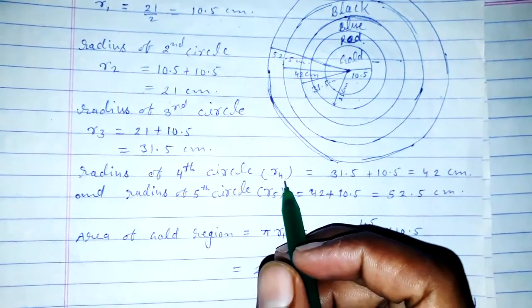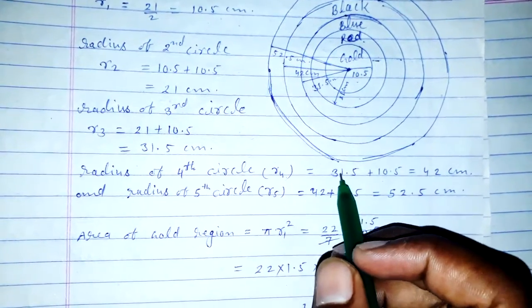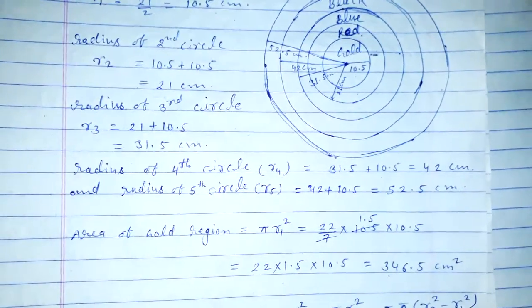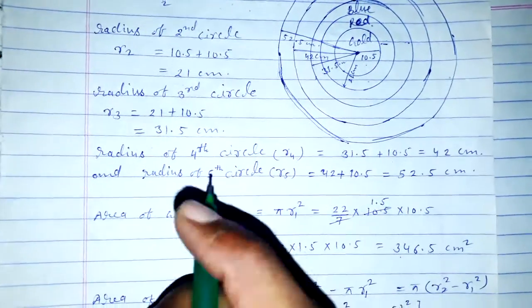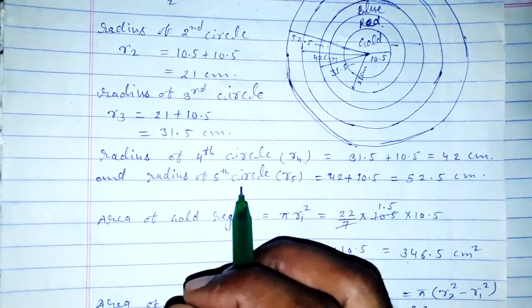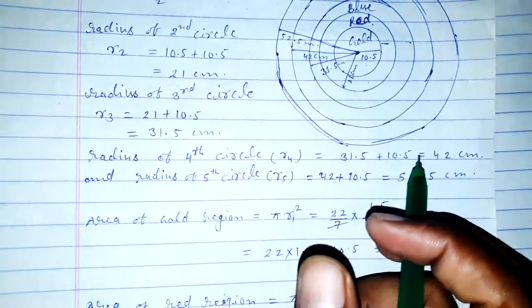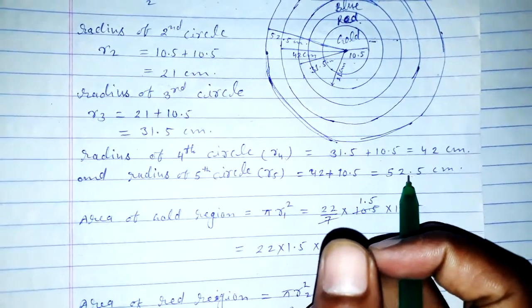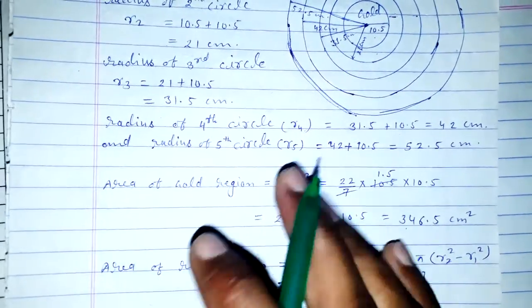Again for the fourth radius, add 10.5 centimeter, so this is 42 centimeter. And for the fifth circle, add 10.5 centimeter, so this is 52.5 centimeter.